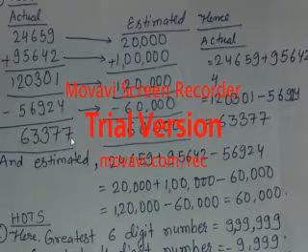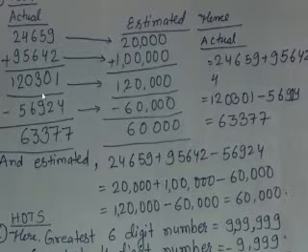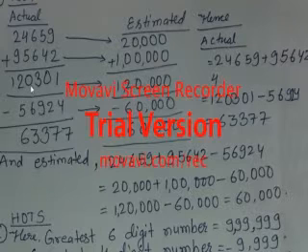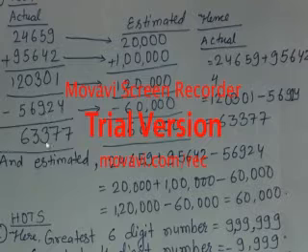11 minus 4 is 7, and here it will be 9, so 9 minus 2 is 7, and now here it leaves 2. Again 9 is bigger than 2, so again this 0 will be taking a carry from this 2, so this will become 1, and this will become 10, and again this 10 will be giving 1 carry to this 2, so it becomes 12. 12 minus 9 is 3.